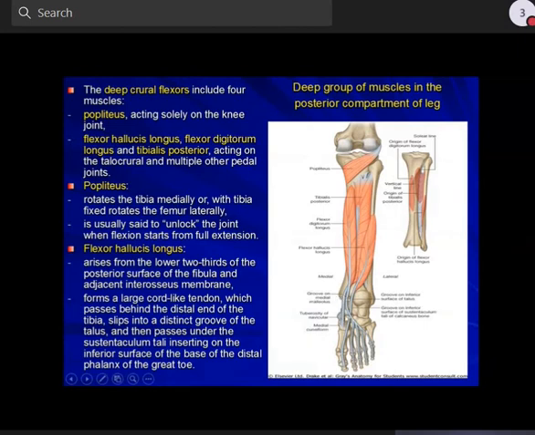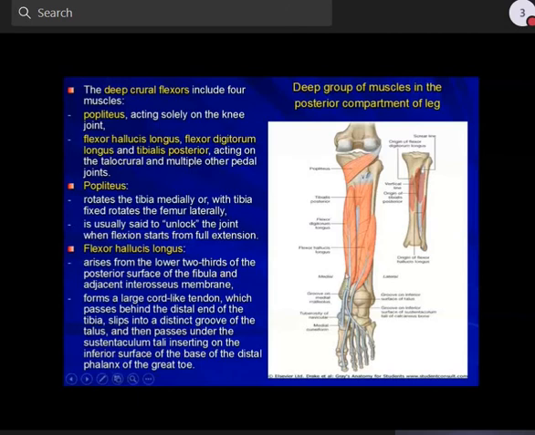Apart from this, they act on the subtalar joint. In the subtalar joint, they are responsible for inversion. Inversion. What does it mean, inversion? They elevate the medial border of the foot. They elevate the foot medially.